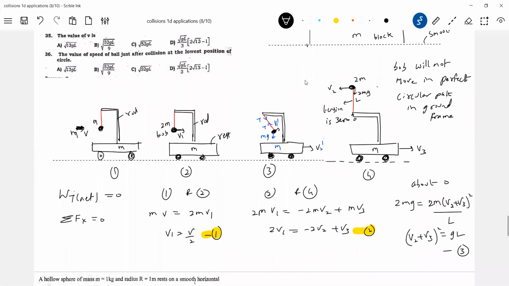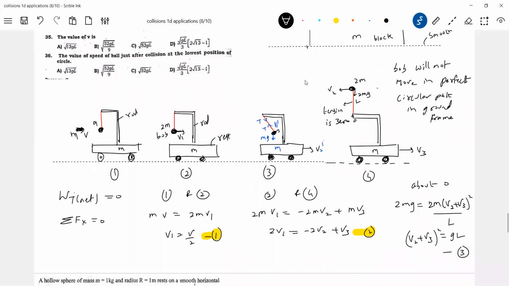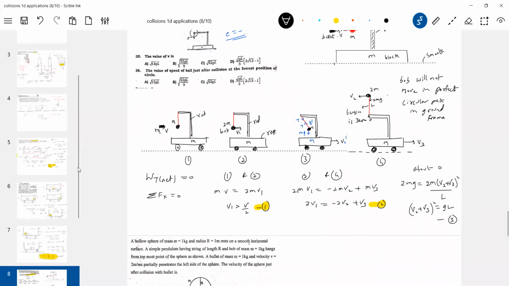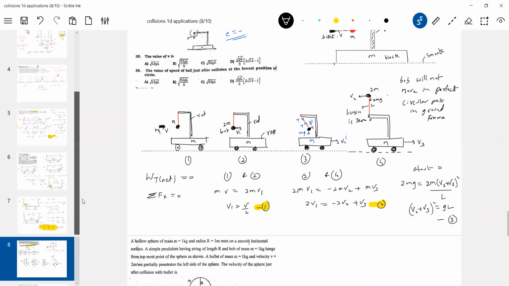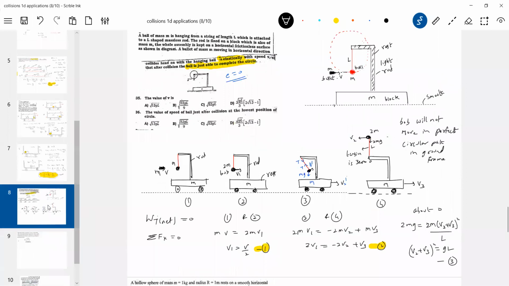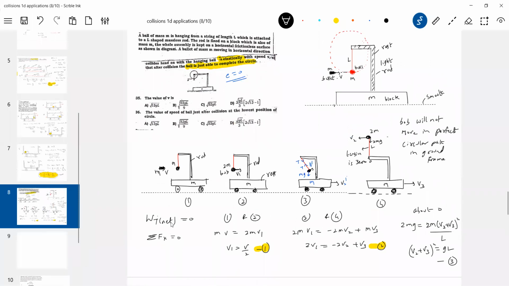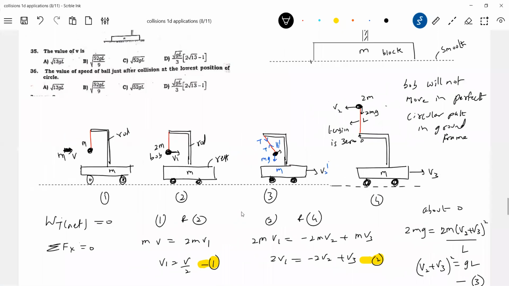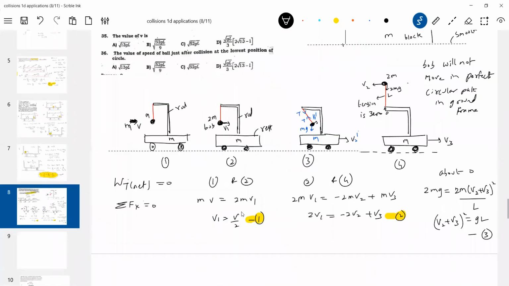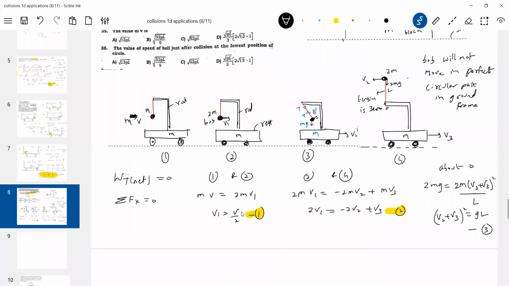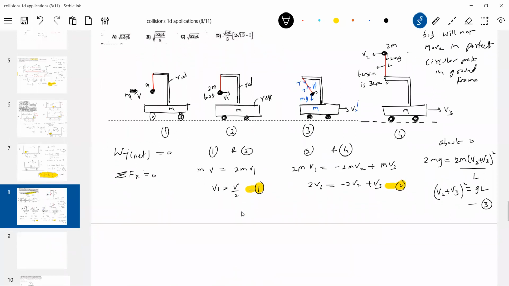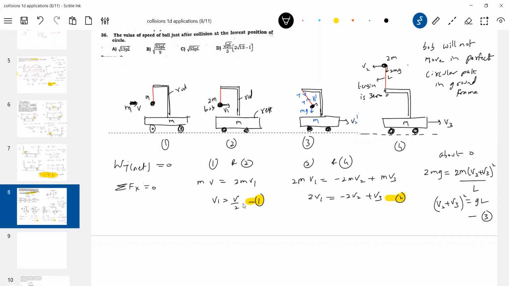So the initial kinetic energy of the bob. I need one more page. I think I'll keep this much of the diagram. So now we'll write the equation.